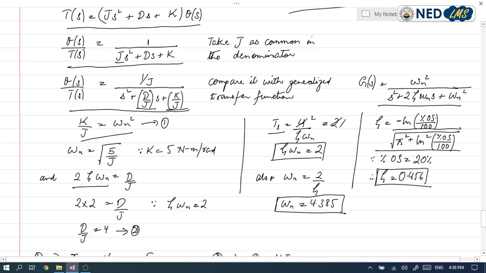So if we know the value of percentage overshoot, we can easily evaluate the value of zeta. From this formula we calculate the value of zeta, and from the value of zeta we evaluate the value of omega n from this relation, and by putting the values of omega n and zeta here we found this equation.